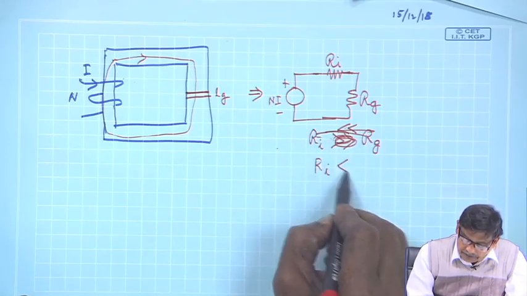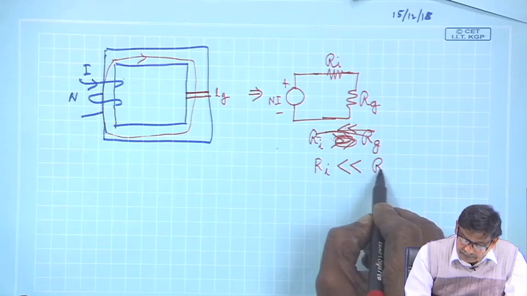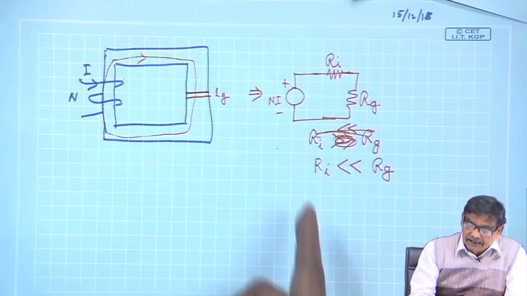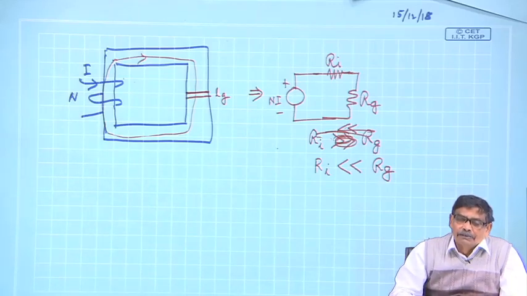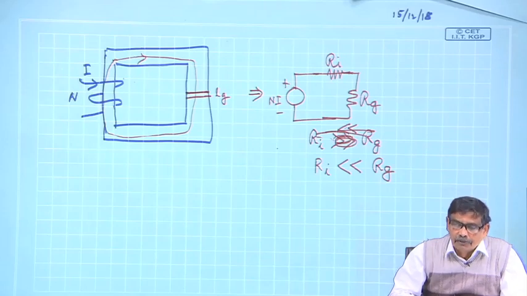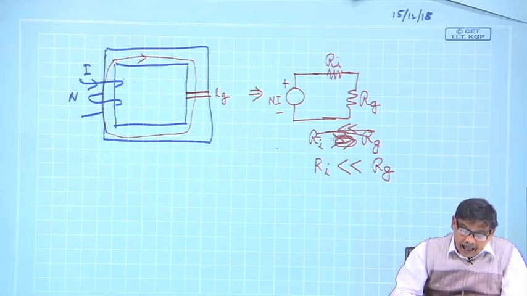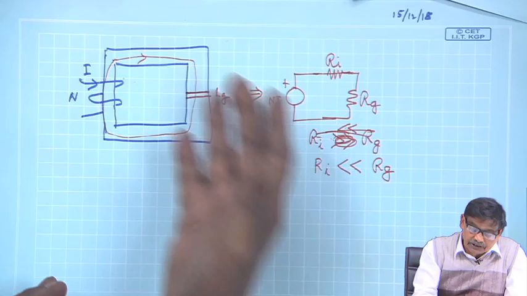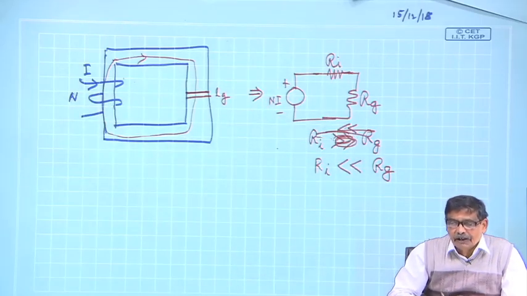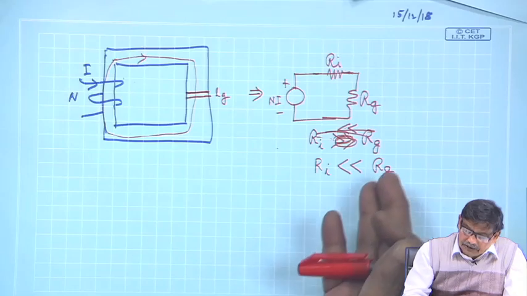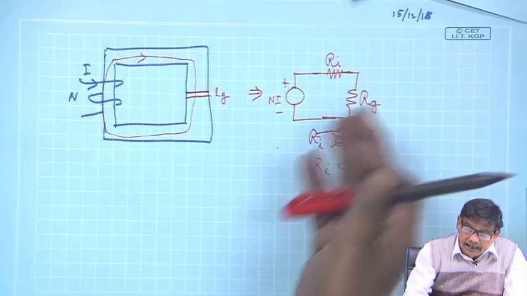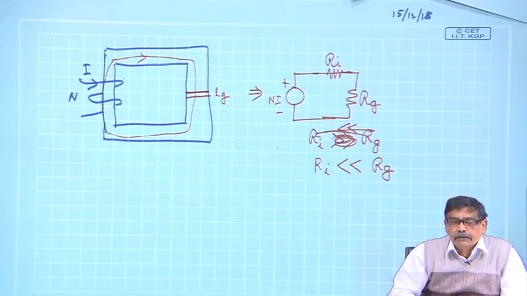Reluctance of iron is very small compared to the gap. The gap reluctance is very high, although the gap length is small, because its permeability value is so small, 4 pi into 10 to the power minus 7, and mu r values of iron will be 5,000, of the order of 1000. So, the reluctance of the gap is very high.